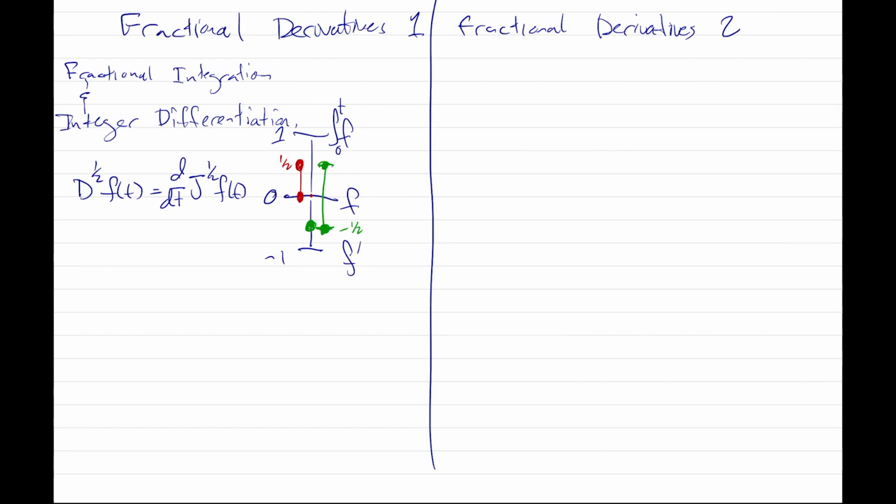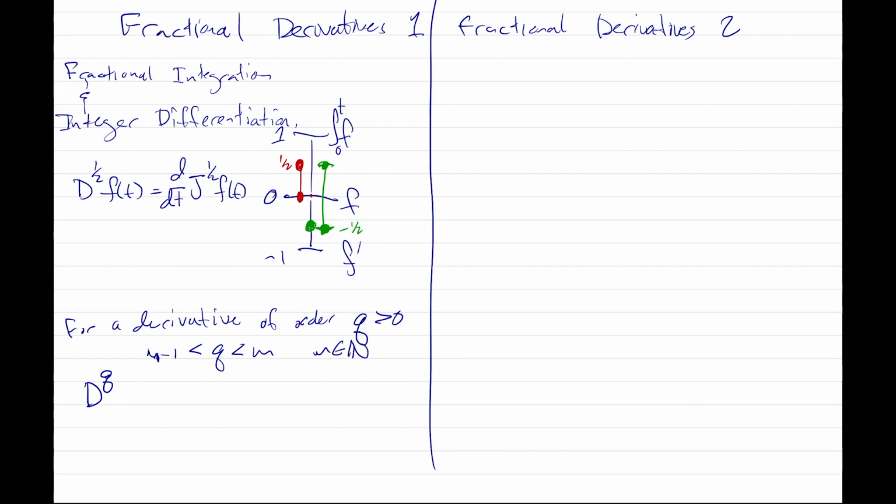More generally, we're going to go for a derivative of order q bigger than 0. We're going to say that q is between m and m minus 1, where m is an integer.